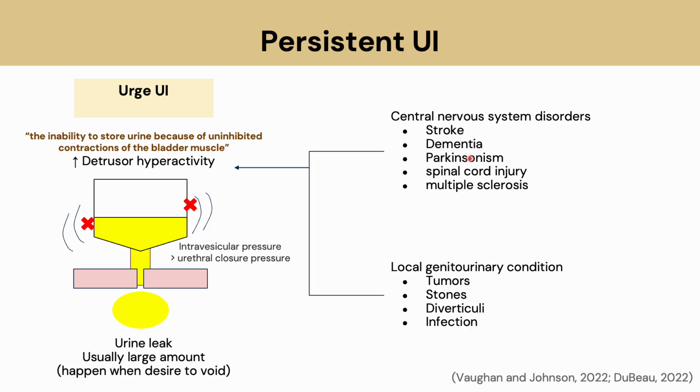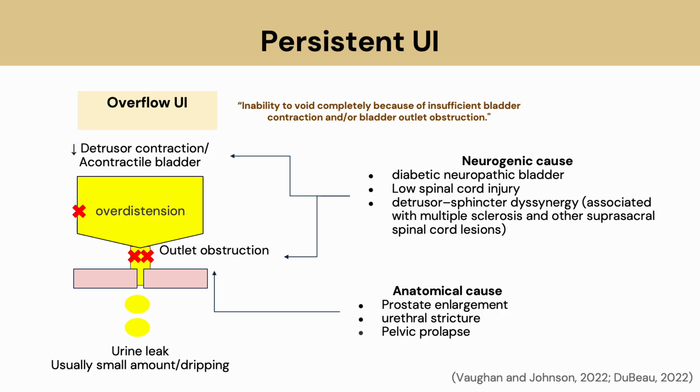In other words, not all patients with overactive bladder have urinary leakage, but patients with urge UI usually have overactive bladder symptoms. The next one is overflow UI.